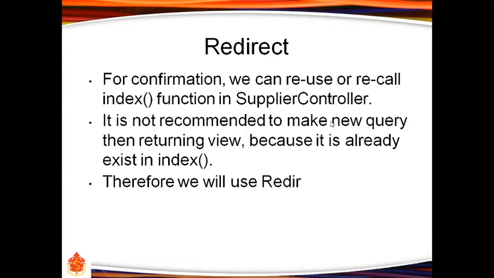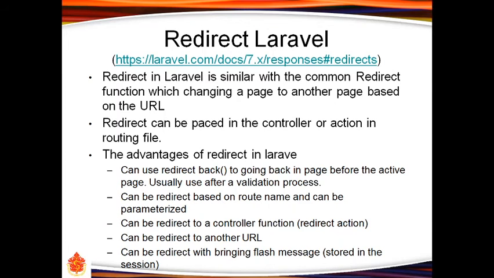We actually can create a new file, a new view and a new query and call the view, but because it is already done in index, it is recommended to reuse the index function. Therefore we will use redirection.